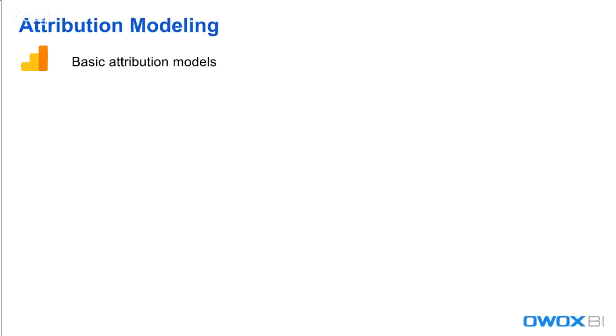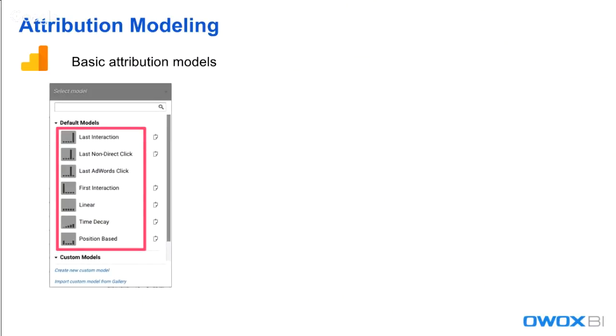So you know that Google Analytics standard has some basic attribution models, and they are position-based. And I'm sure that you know how the value is distributed between channels due to these attribution models. But in case you don't know, below you'll find a link with a detailed comparison of attribution models.